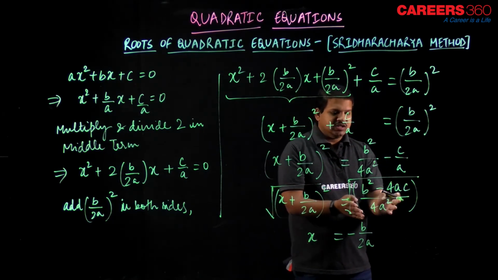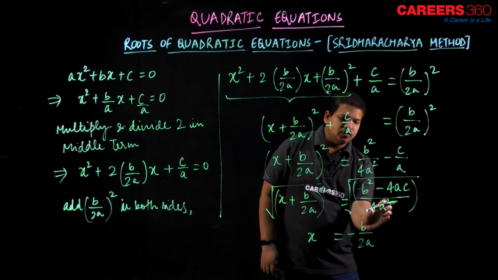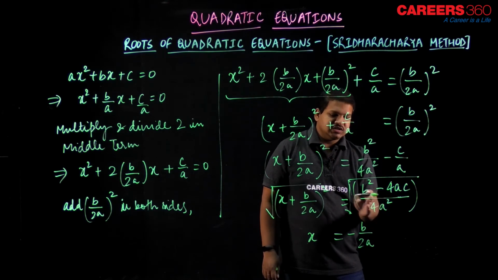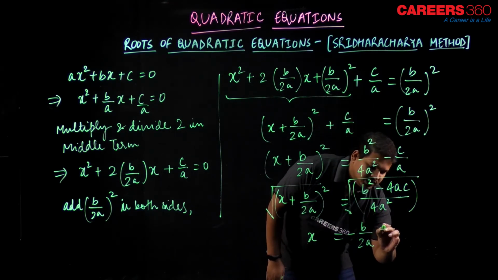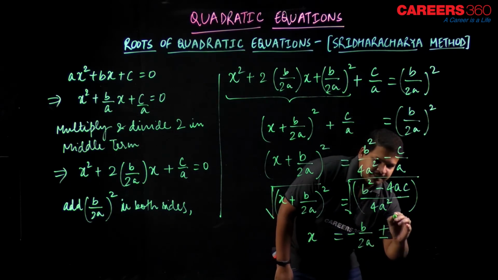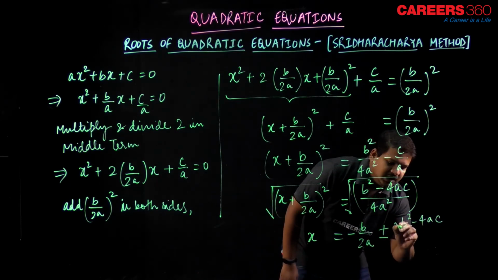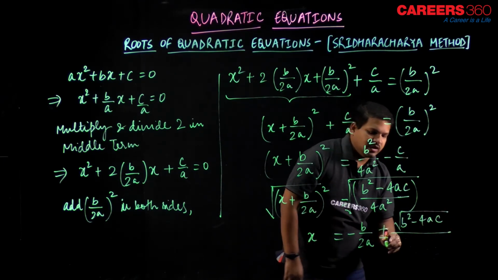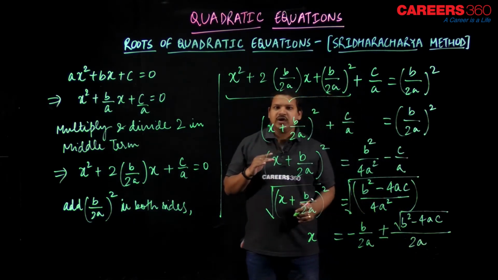In this entire expression the denominator 4a square will come out, and since this is in the square root, when it comes out it will be plus minus, and b square minus 4ac will remain in the square root, and the 4a square can be simplified as 2a because it has already come out of the square root.